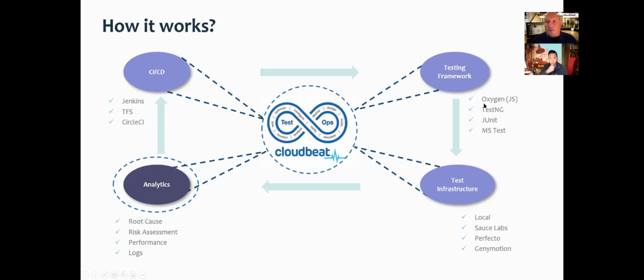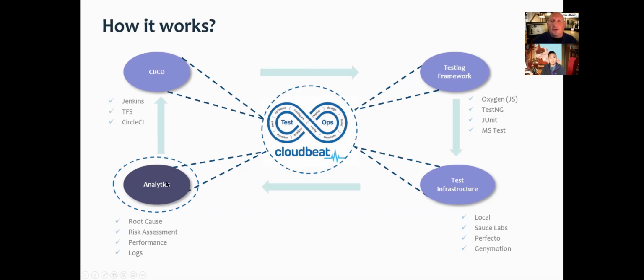The other product is our test orchestration platform, which takes all your test automation, not only Oxygen but any other, and connects it to your CI/CD process and to your test lab, either internal test labs or external labs like Sauce Labs, Genymotion, BrowserStack, and others.